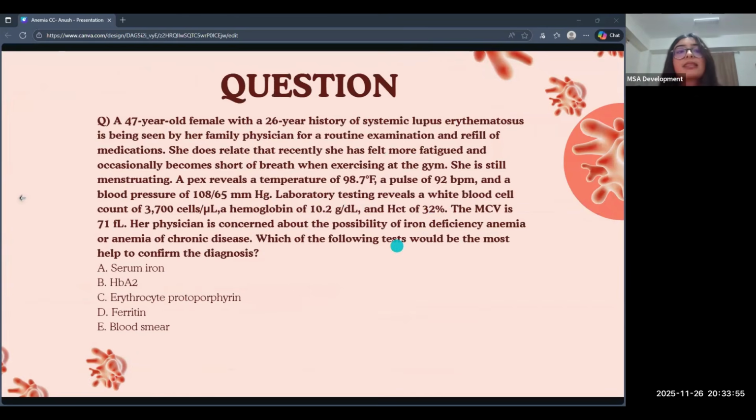Now we can say this is either iron deficiency anemia or anemia of chronic disease, like our physician thought. So what do you do to confirm which one it is? The thing you do is ferritin. Why do you do ferritin? Because in iron deficiency anemia, we talked about ferritin being low. In anemia of chronic disease, it would be high or normal.